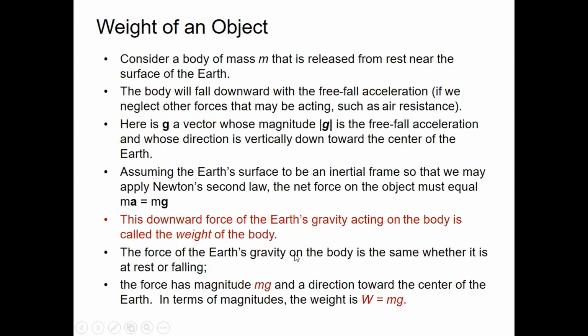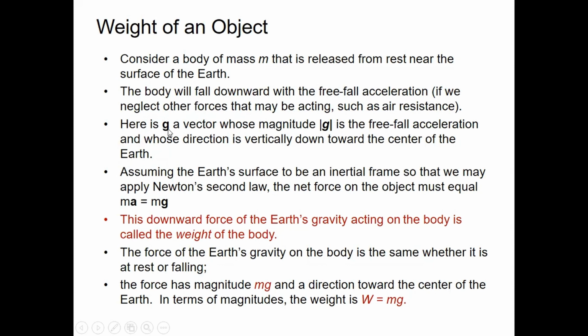Now, very briefly, we consider a body of mass m that is released from rest near the surface of Earth. The body will fall downward. It will have a free fall, with a free fall acceleration. If we neglect other forces that might be acting, such as air resistance or wind, and the environment is calm, then the body will fall downward, free falling.